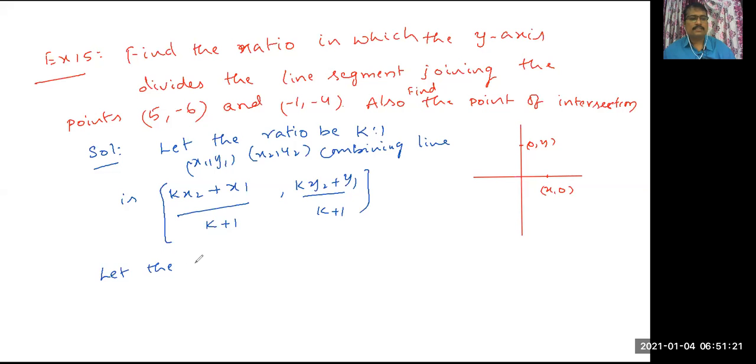Let the points be A(5, minus 6), B(minus 1, minus 4).